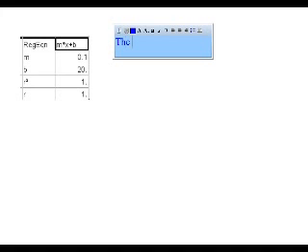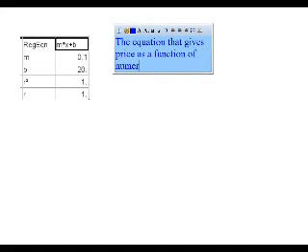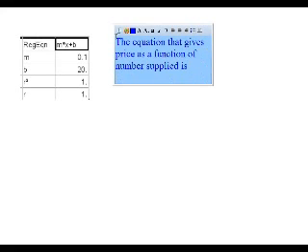Based on that analysis, the equation giving us price as a function of supply takes the form y equals mx plus b, that slope-intercept form, but price as a function of number supplied is P equals 0.1, or 1/10, times Q, the quantity supplied, plus 20.